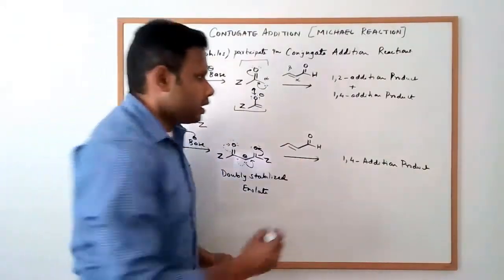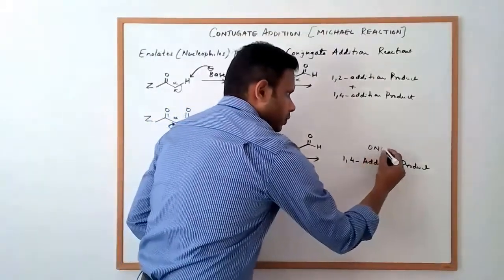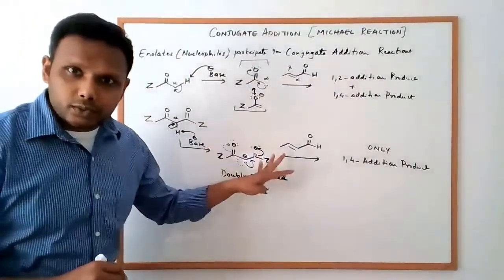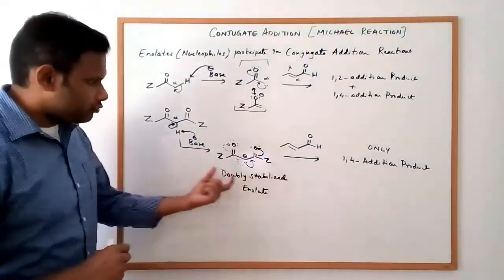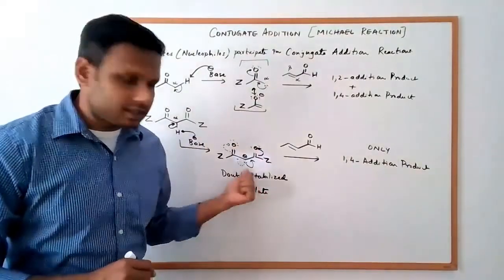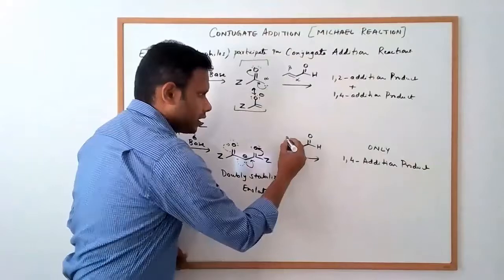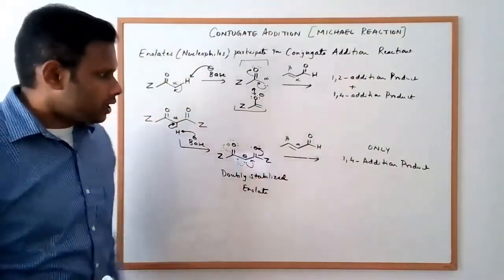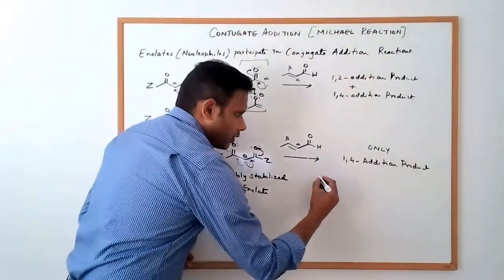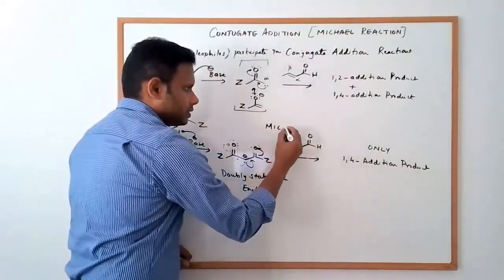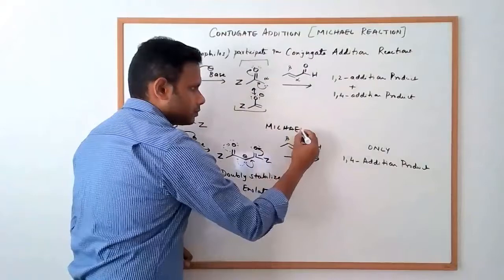We only get the 1,4 addition product in this case. So this reaction here, which involves the doubly stabilized enolate reacting with an alpha beta unsaturated compound, is called the Michael reaction. Okay, so this reaction is the Michael reaction.